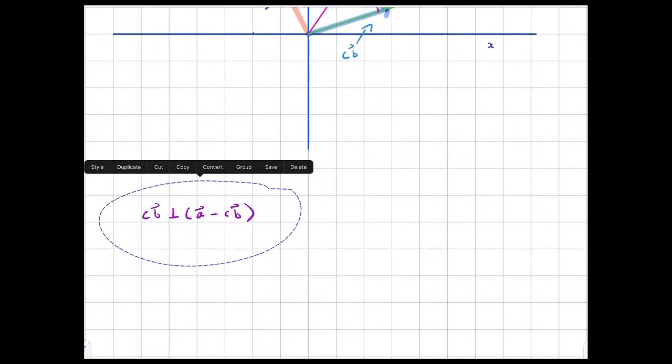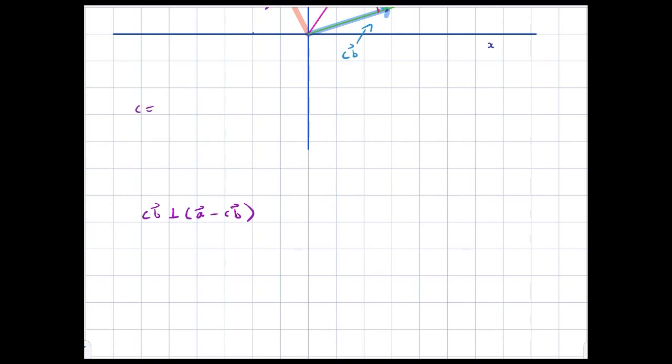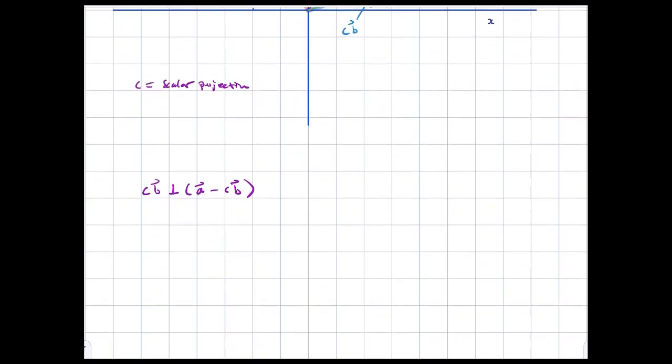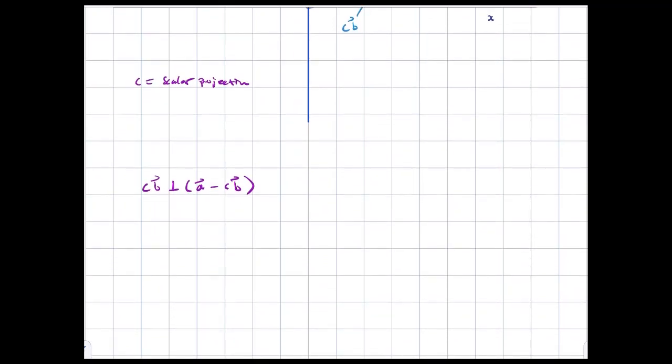And C, by the way, is what we call the scalar projection. It is the scalar that tells me how far along B I go in whichever direction, forward or backward, in order to find the vector projection. That is the relationship between these two things. And like I said, they don't really talk about that at the university level, mainly in high school.